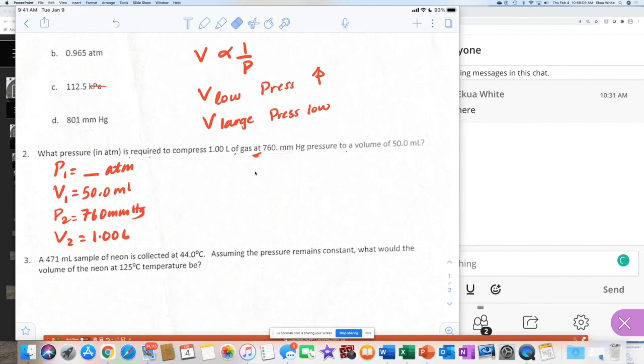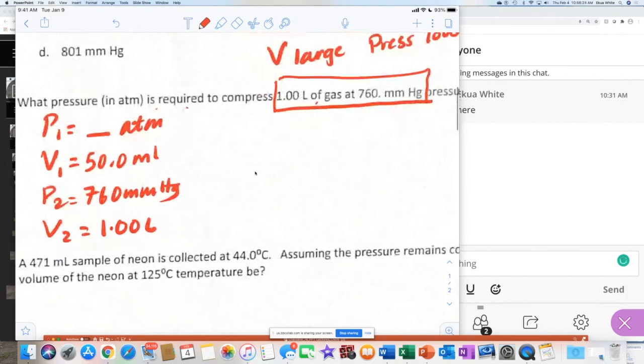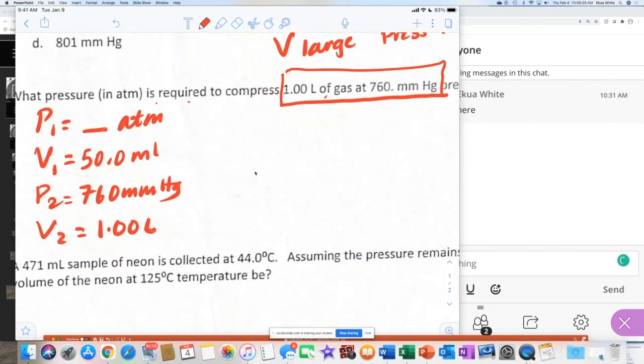Going with the question, remember these go together because the 1 liter of gas is at 760 millimeters of pressure. Here's the issue with this question: the units of pressure don't match. Because they don't match, I can't go to the question just yet until I convert the pressure.